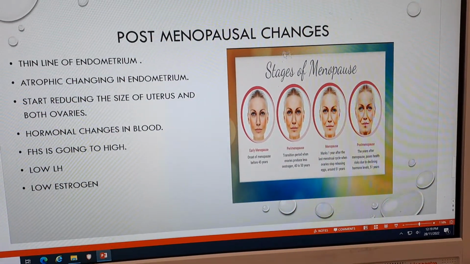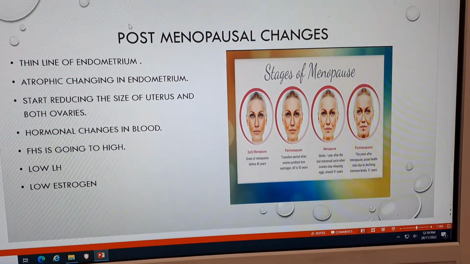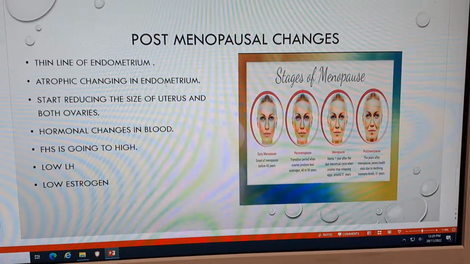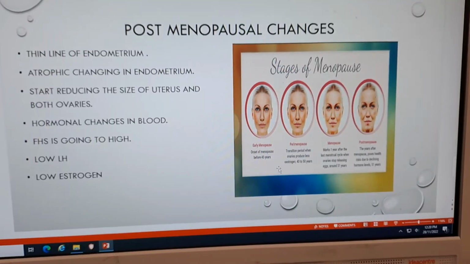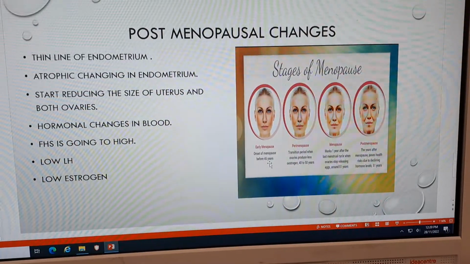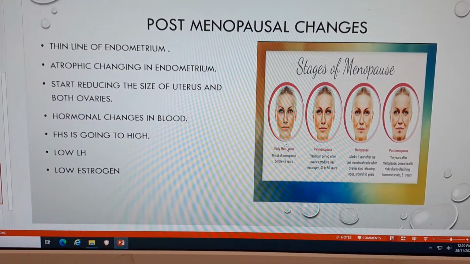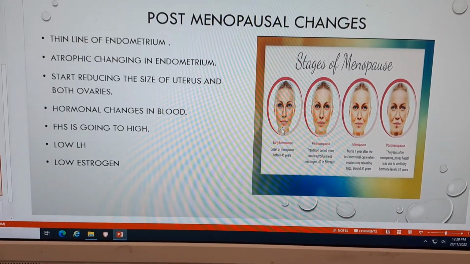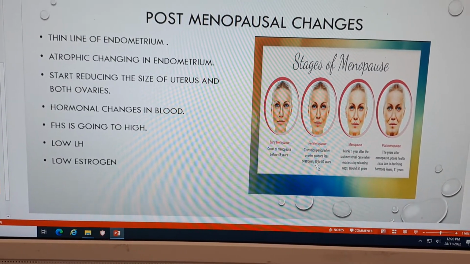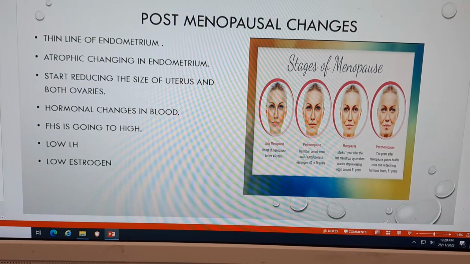What is also important is the hormonal change in the postmenopausal period. Premenopausal effects before 45 are related to an increase of FSH hormone.